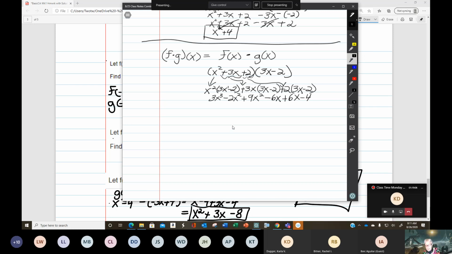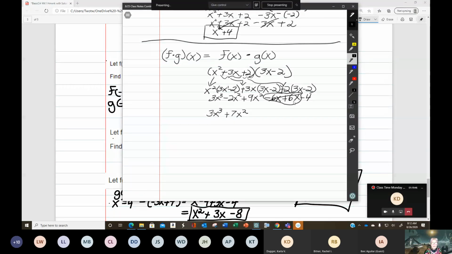And now all we have to do is combine our like terms. And I really like these like terms I'm about to combine. 6x minus 6x gives me a 0, so I don't have to worry about them. Does that always happen? No, I wish it would always happen. 3x to the third. Now, I've got minus 2x squared plus 9x squared. 9x squared minus 2x squared is plus 7x squared.